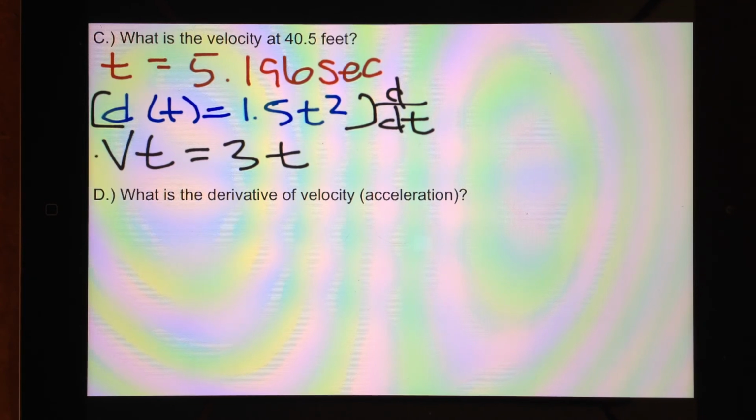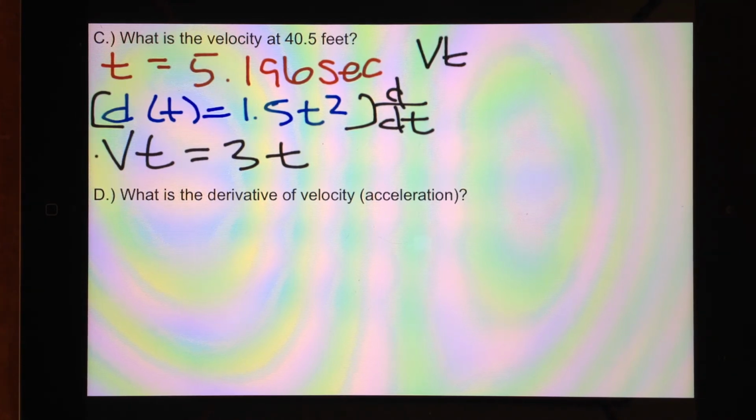But we aren't finished yet. Now we have to plug in our numbers. So we know at 40.5 feet, we're again at 5.196 seconds. So we insert 5.196 as t.